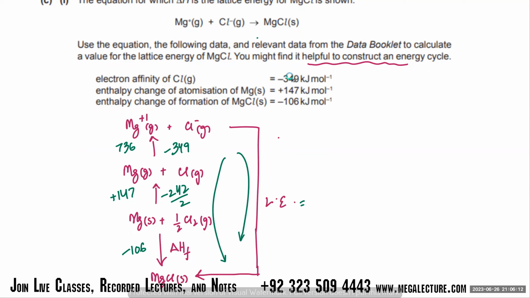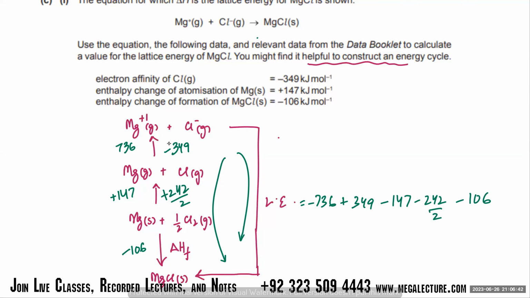Lattice energy is basically equal to the entire other thing. The arrow has to go in the opposite direction, so that's 736 plus 349 minus 147 minus 242 divided by 2 and then minus 106.